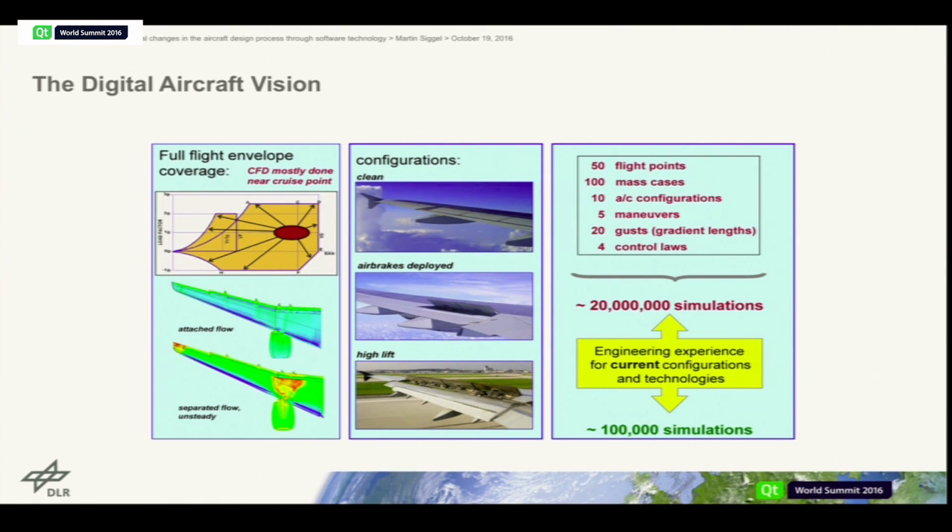The current engineering expertise is only 100,000 simulations roughly, so there's a large gap in between. So this is why you need software in order to do the whole analysis of an aircraft.